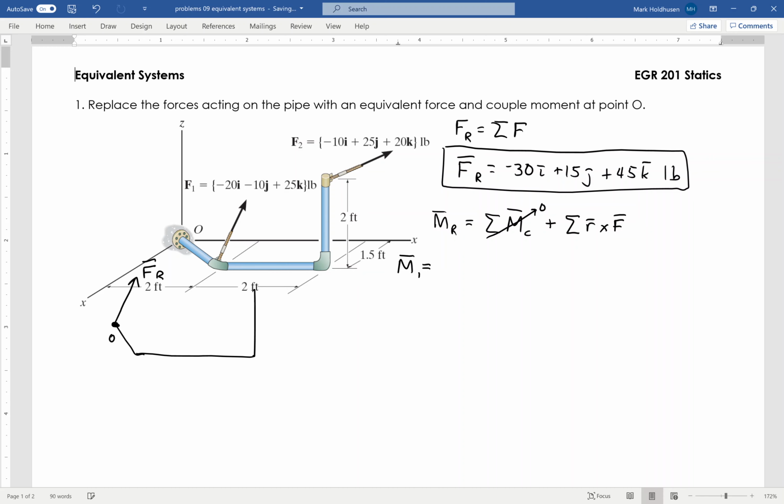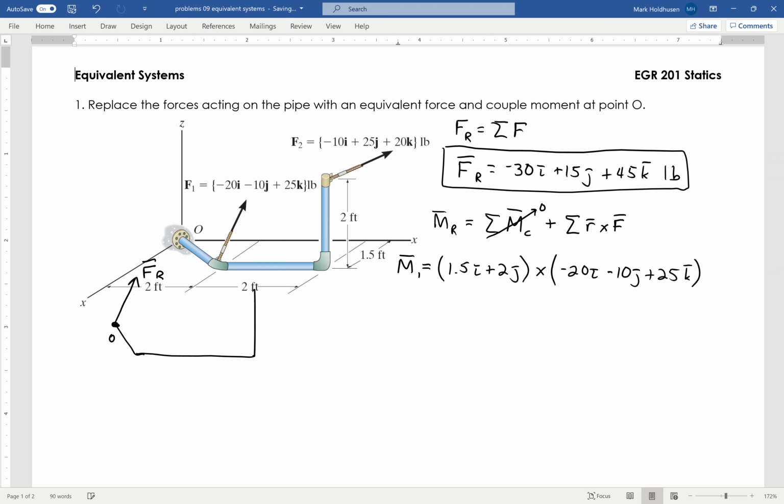So moment 1, okay, this is the r vector from O to force 1, which will be 1.5 in the i plus 2 in the j. And I'm going to cross that with that force, which is given to me as negative 20i minus 10j plus 25k.